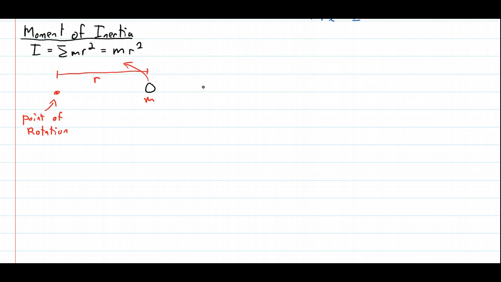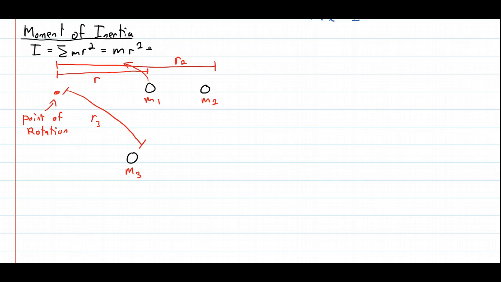Now if we add more objects to this system, let's say we add a second object there, and then a third object there. Then we'll call this m2, we'll call this m3. And let's say that object 2 is a distance r2 from our point of rotation, and object 3 is a distance r3 from our point of rotation.